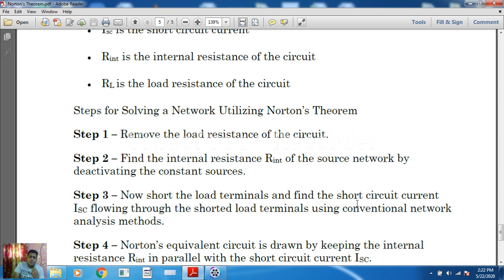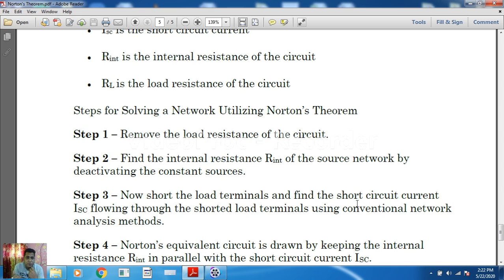Just recapitulating the whole thing that we have done today in a very small manner. First, remove the load resistance, make the terminal short, then find the short circuit current, which will be used as the current source in the end.